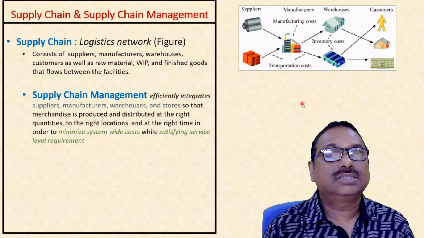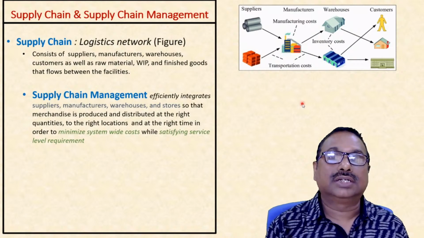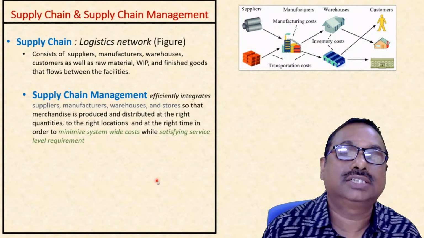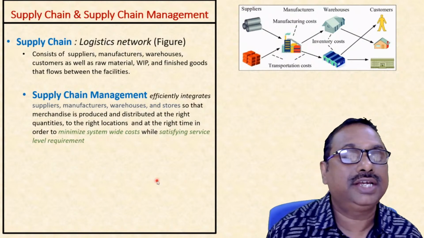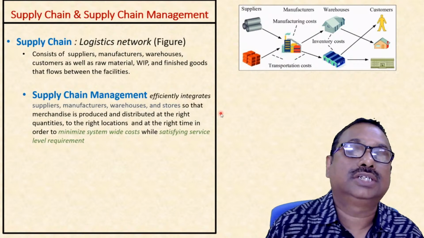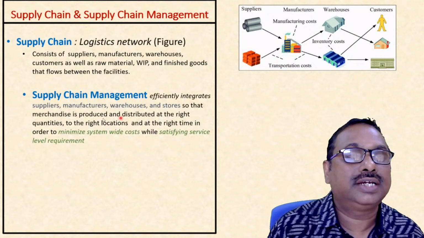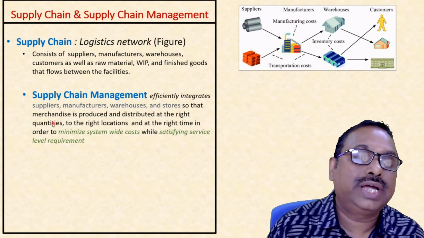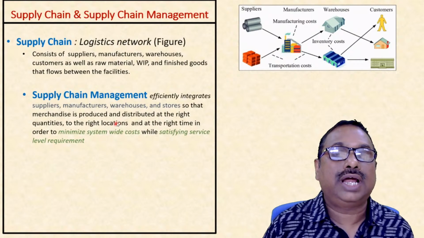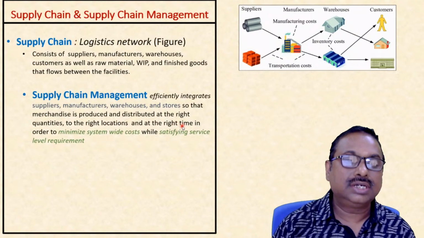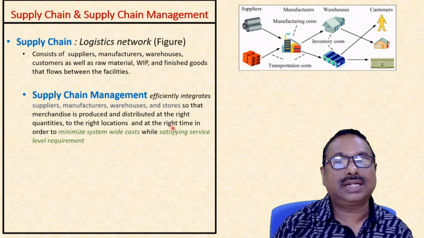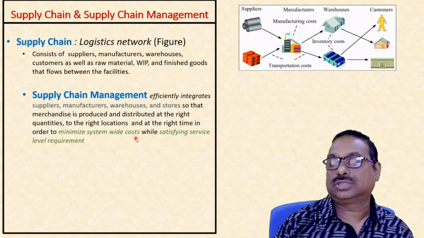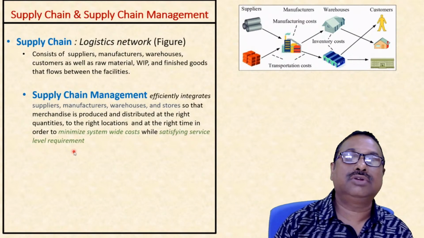So these are all the costs. What is supply chain management? That means managing the supply chain. The simple definition of supply chain management is efficiently integrating suppliers, manufacturers, warehouses and stores so that the merchandise is produced and distributed in the right quantities to the right location and at the right time, in order to minimize system-wide cost and satisfy service level requirements.